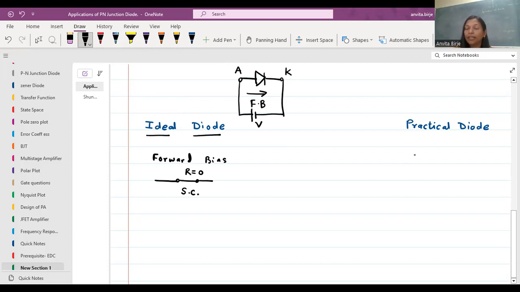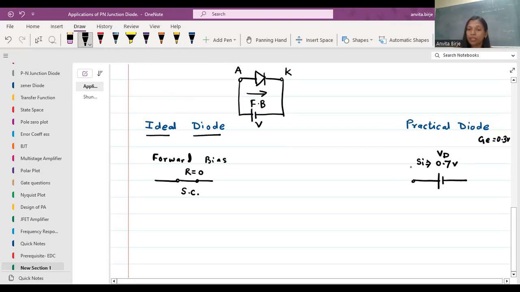But practically, there is some voltage drop across this diode, and that voltage drop is nothing but the barrier voltage between the two junctions. Therefore, practically, we have a voltage drop of 0.7 volt if the diode is manufactured with silicon material. This diode voltage drop, known as VD, is 0.7. If it is germanium, then the voltage barrier is 0.3 volt.